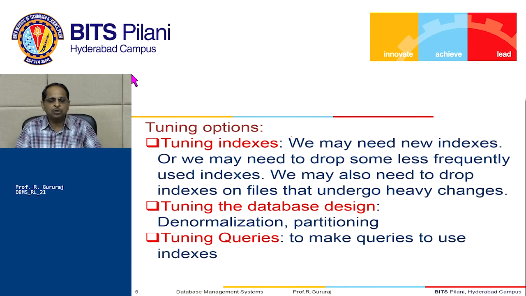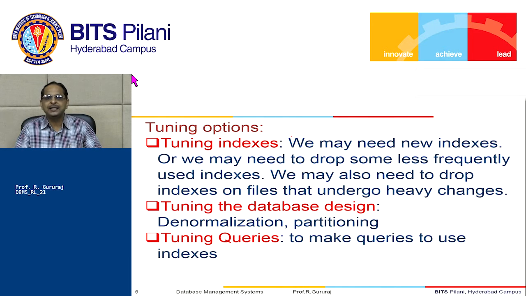We may also need to drop indexes on files that undergo heavy changes. Initially, you might have done your physical database design assuming that a file for the given relation is static in nature. Later, it turns out to be dynamic, and hence you may change your decision on that particular file.